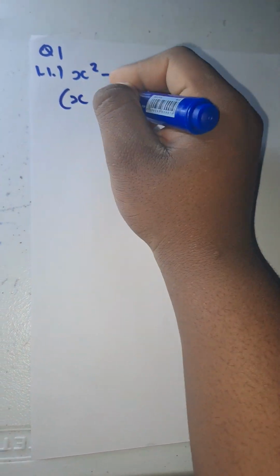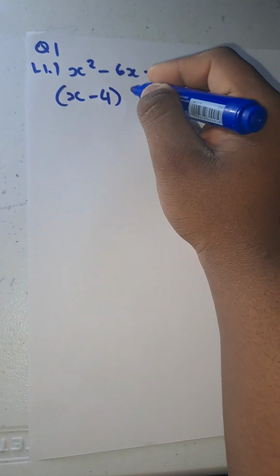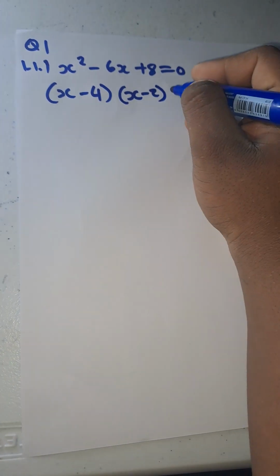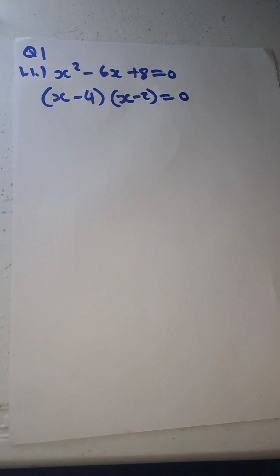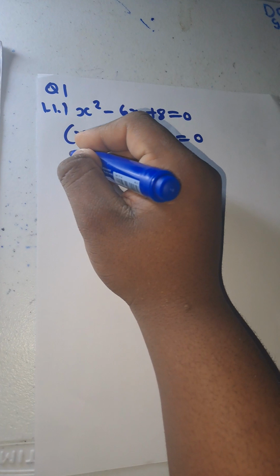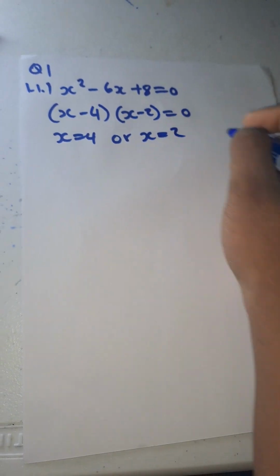So I'll have (x minus 4)(x minus 2) equals 0. You'll get the same answer, and I know that x equals 4 or x equals 2, right?